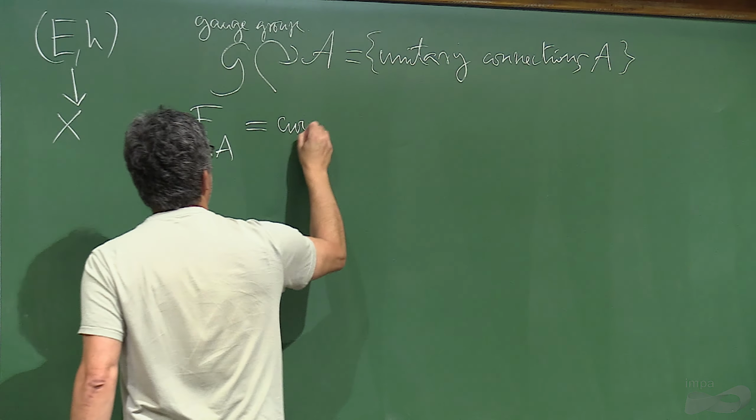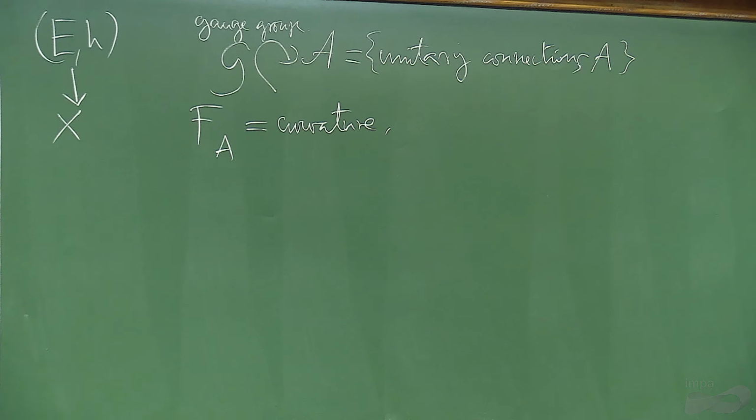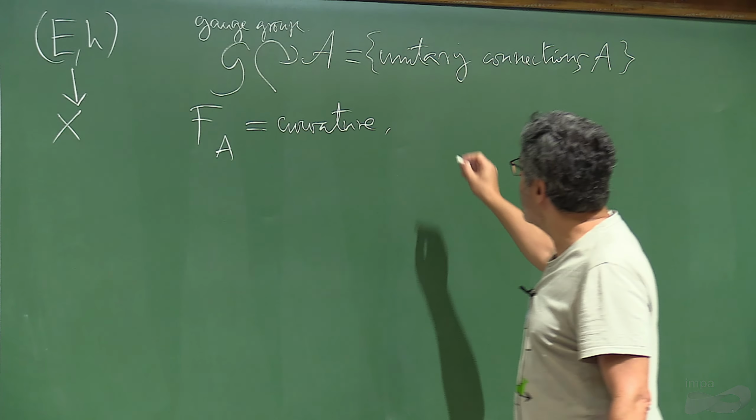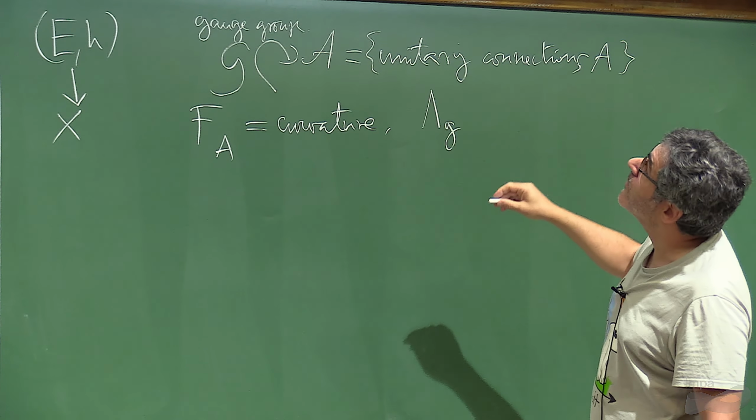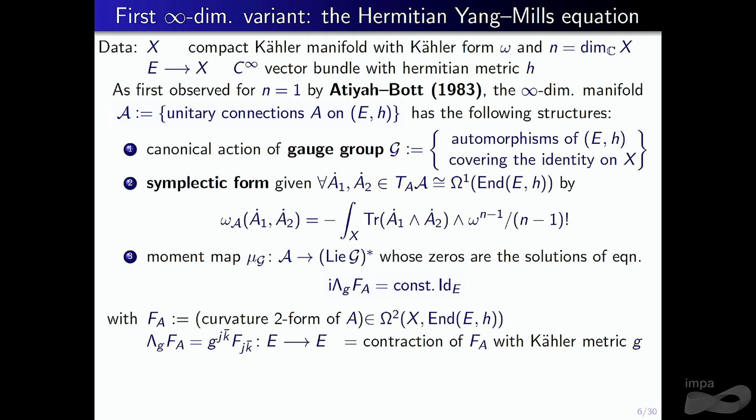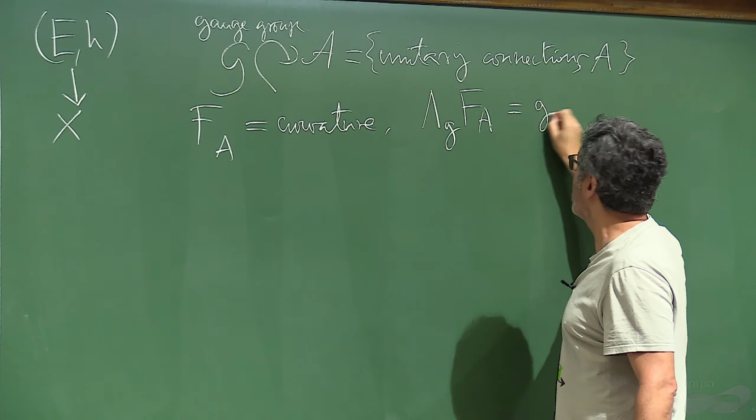So that's a two-form with values in skew-Hermitian endomorphisms of E. And Lambda is contraction with the metric. I don't know whether he wrote it, but actually it only depends on the symplectic structure, but let's do it. This is the contraction, or if you like, the trace.